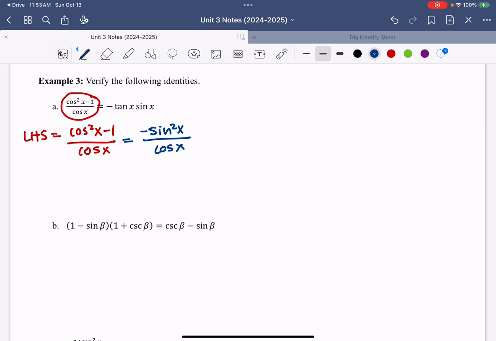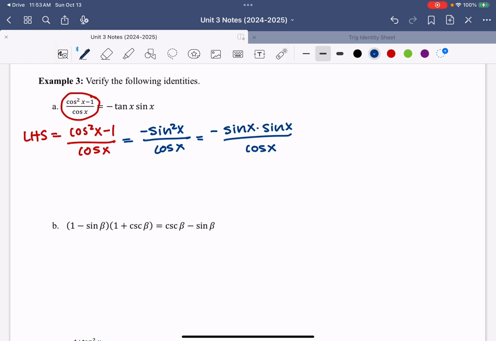Now we're trying to make this be a negative tangent x times sine x, and I'm seeing a little bit of where we can go. I see I have a sine over cosine, but I have a sine squared over cosine. Since I want to turn this into two different trig functions, I'm going to split up my numerator. So I'm going to have a sine of x times another sine x, all over a cosine x.